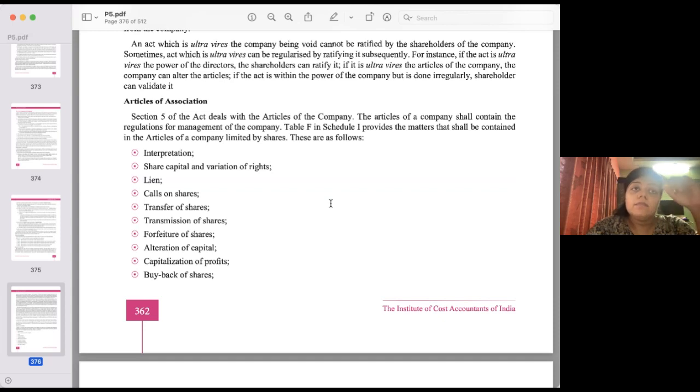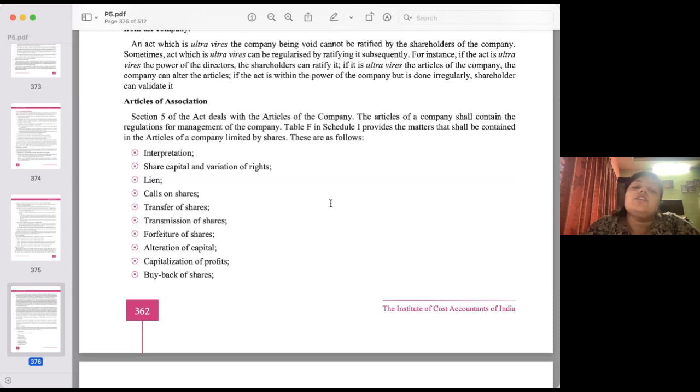Now, what does it contain? It may have everything very different from what is mentioned in Table F, but ideally: share capital, variations of rights, what sort of share capital will you be issuing? What exactly would be the kind of lien on shares? If the company wanted to exercise its lien over the shares, the right to retain, supposing it's a partly paid up share, etc. What happens to calls on shares?